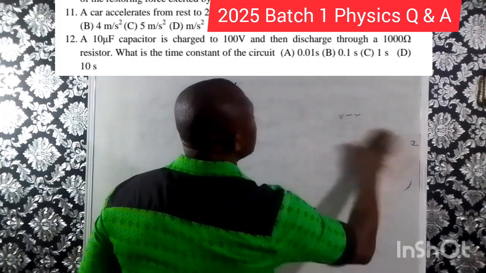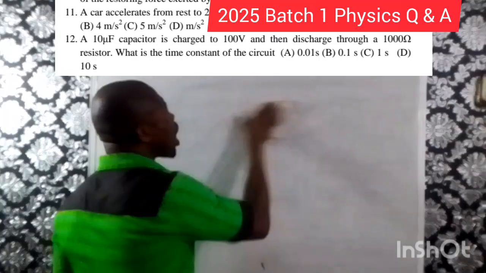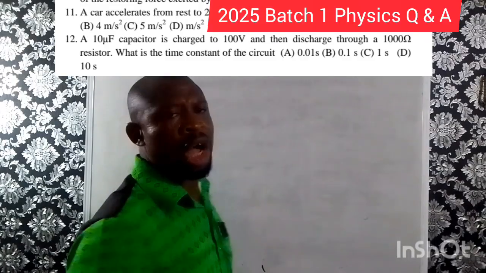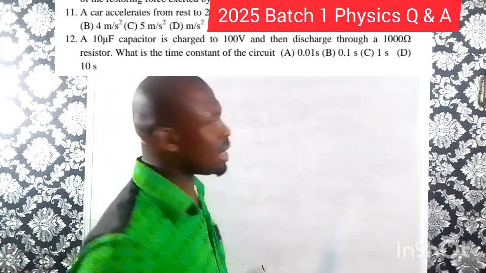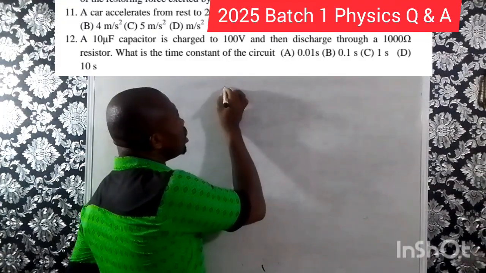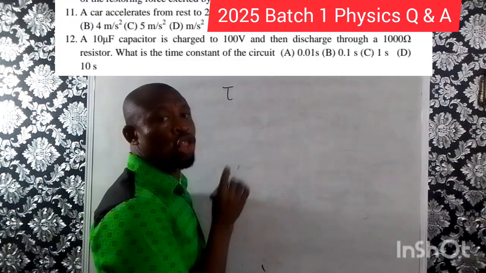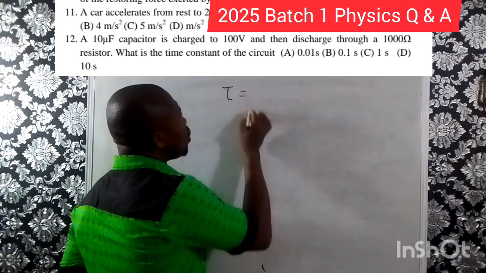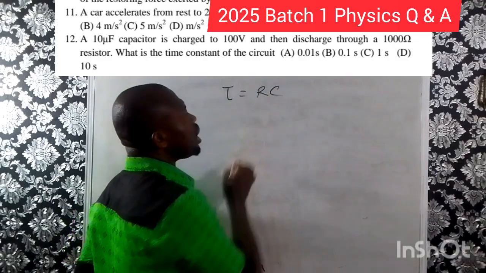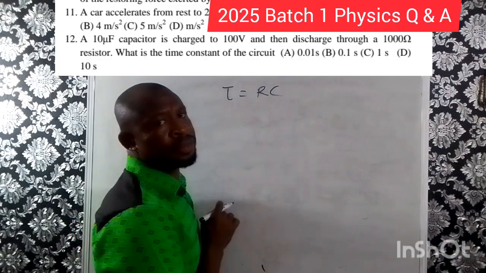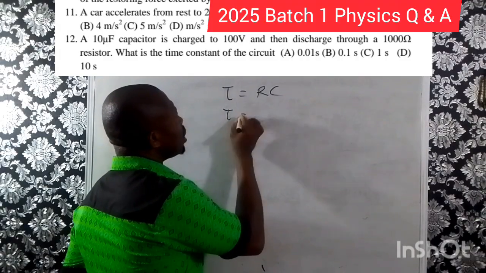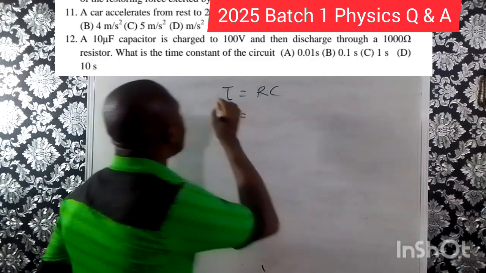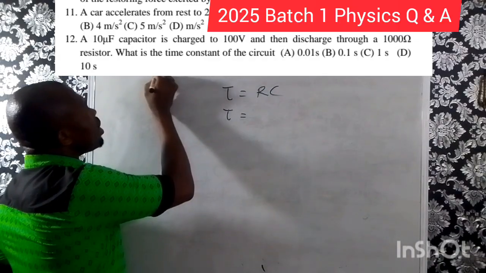Now, this question will bring us to the AC circuit. The time constant of the circuit is represented by tau. Tau is equal to RC.